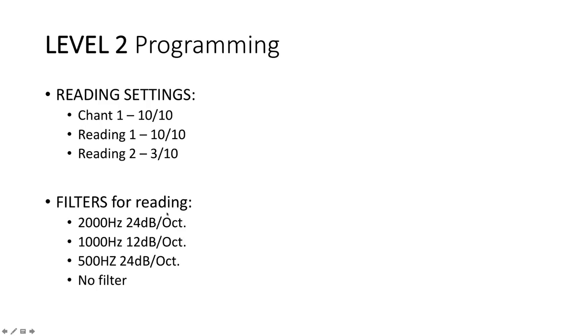We don't use this filter when we are using Chen 1, and when there are hearing losses in the high frequencies, because if we put a filter at 2000 and the people have an important hearing loss, they won't hear their voice. So generally we start with lower filters when there's a loss.